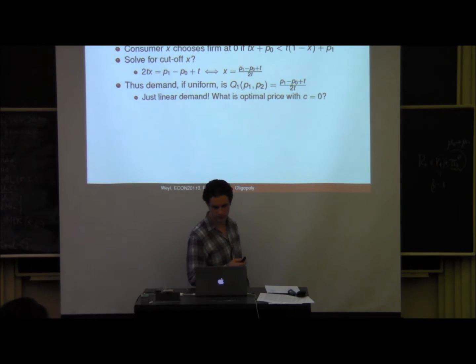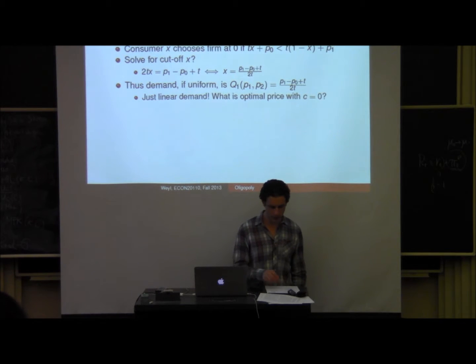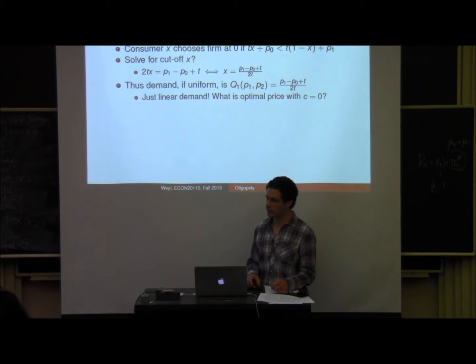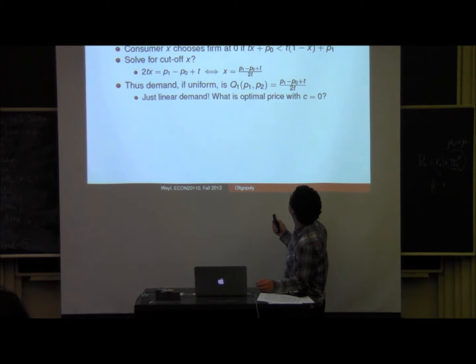Between the two firms. And what is going to be the optimal price, Maury, when the cost is equal to 0? So what would be firm 0's optimal quantity. Sorry, I got the numbering all messed up.